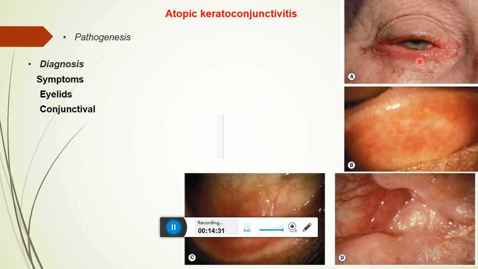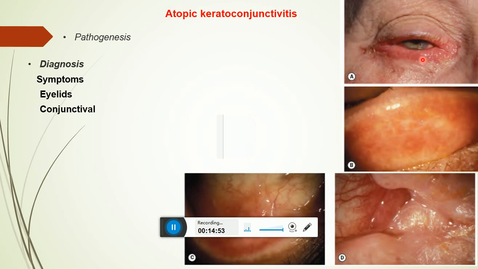There is intense itching. There is chronic staphylococcal blepharitis and madarosis. There is keratinization of the lid margin. There is Hertoghe's sign, which is absence of the lateral portion of the eyebrow.